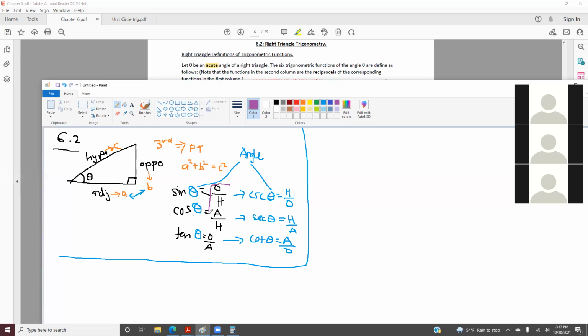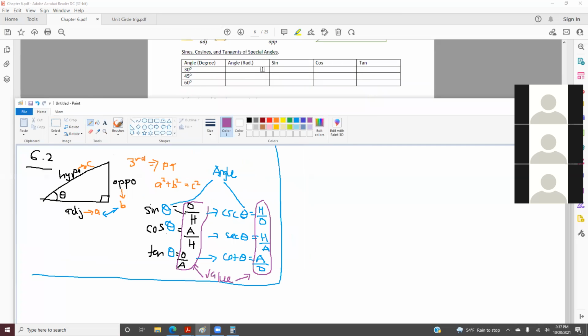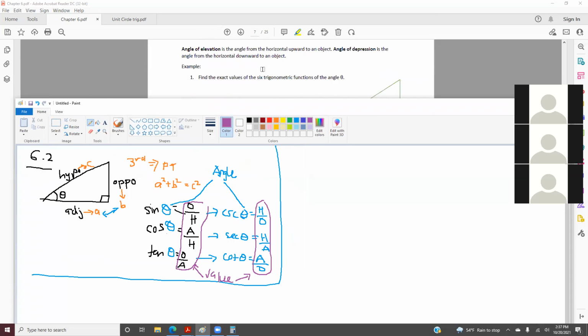All this that you divide is not an angle. This is called the value. A lot of students get these two confused in my class. Sine has to have an angle next to it, and then this equals a number, a value in this case. Okay, so you guys need to practice a little bit more.